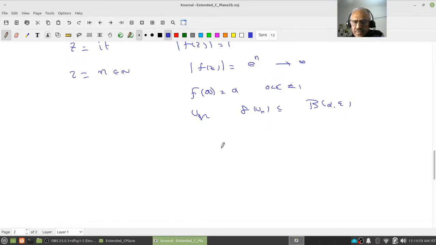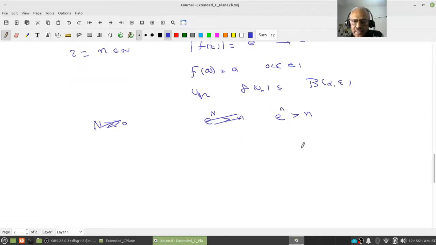What is the contradiction? If n is very large, then e power n will be greater than n. In fact, e power n will be greater than n itself.